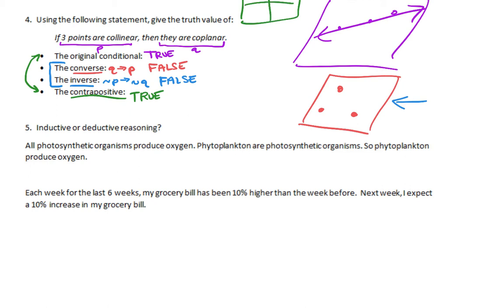We had our 4 things, and we talked about how the conditional and the contrapositive were going to be equivalent. And we talked about how the converse and inverse were going to be equivalent as well. So that's where we saw that in our notes. All right, cool. Moving on.